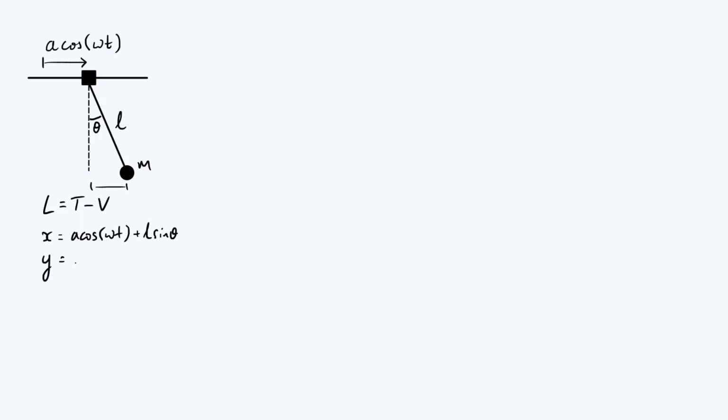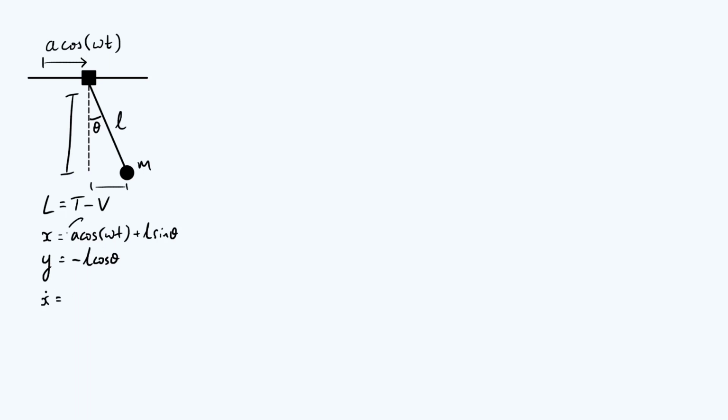and y, it's going to have a minus sign, because we're going to put the origin of our coordinate system up here, and the pendulum is hanging down. So we get a minus sign, and it's simply this far below the support, again using trigonometry. That's L cos theta. So y is minus L cos theta. Because we're going to need to write down the kinetic energy, we need the time derivatives of those as well.